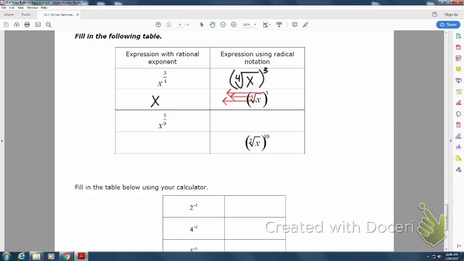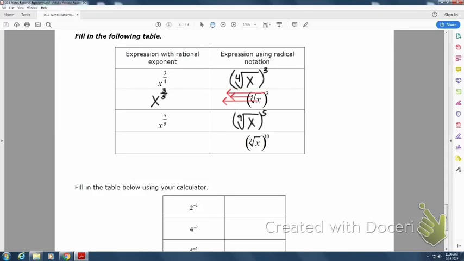What's my exponent? Okay. So x to the power of 3/5. Alright. Catherine, what would the next one be in radical notation? How many roots? 9. Okay, so the 9th root of x to the power of 5.